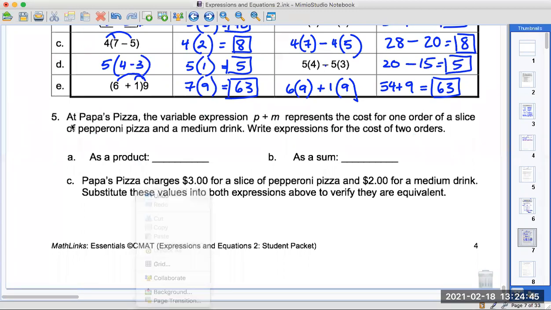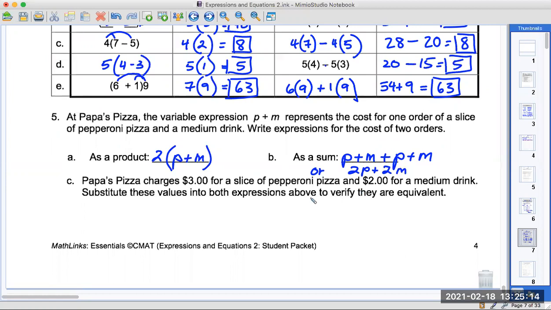So I have P plus M. I'm ordering pepperoni plus a medium drink, but I'm having 2 of those, right? 2 sets. As a sum, P plus M plus P plus M. I think that's kind of what they want. Or you could say 2P plus 2M. Okay.